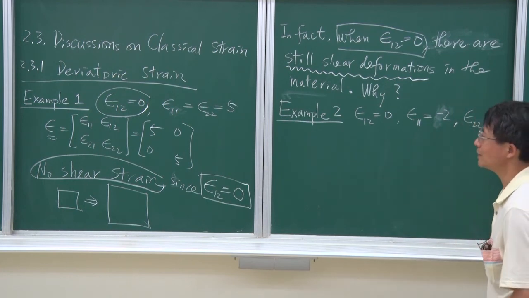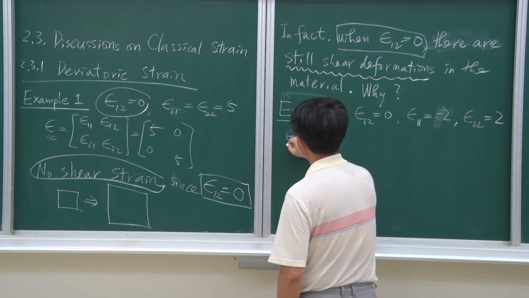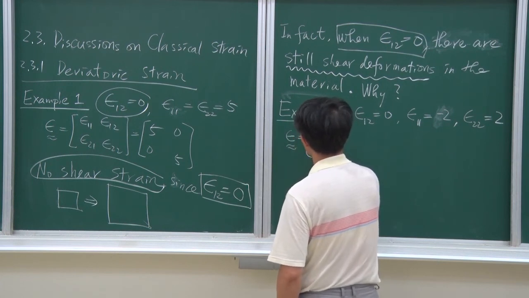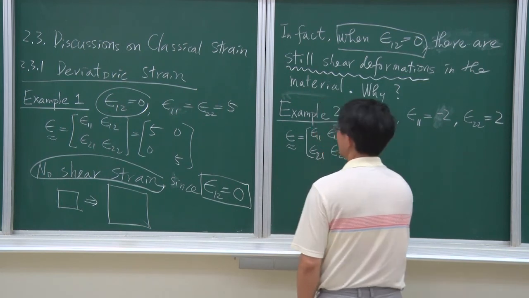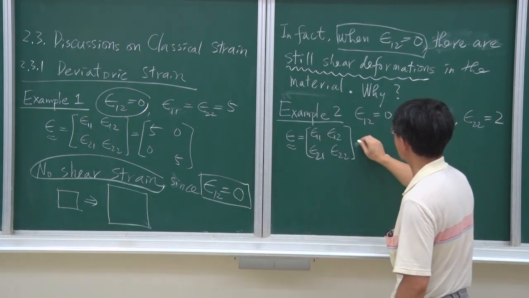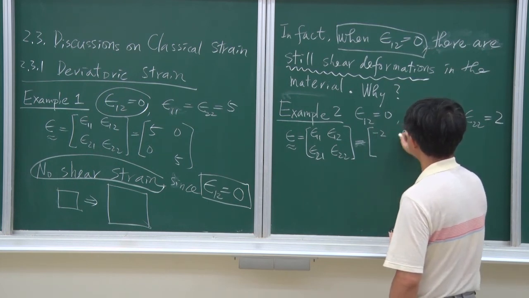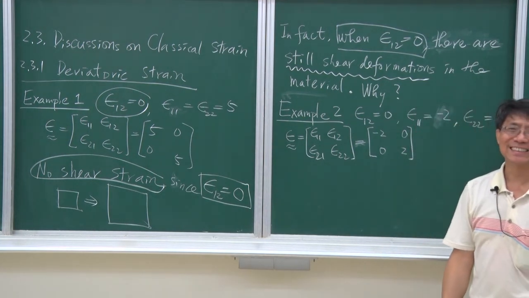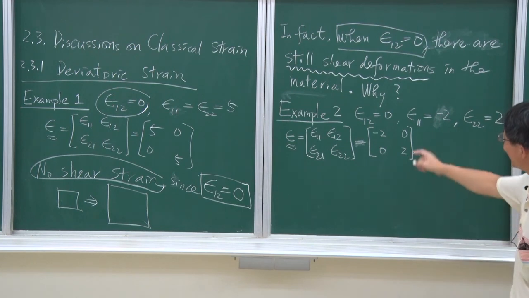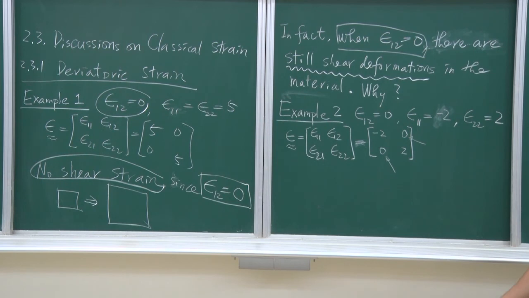It's easier to illustrate the idea. The strain tensor will look like this. We have no shear strain, and we still have normal strain.